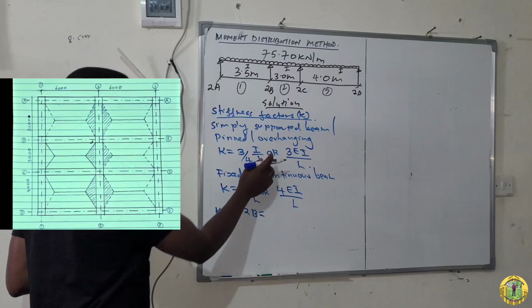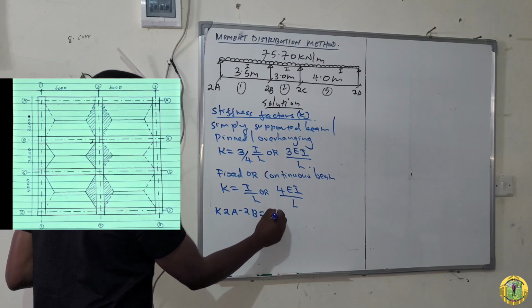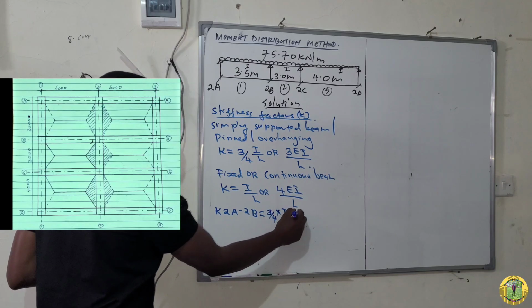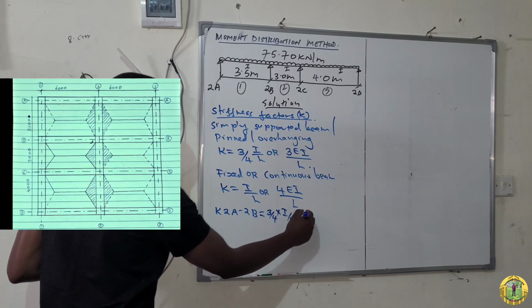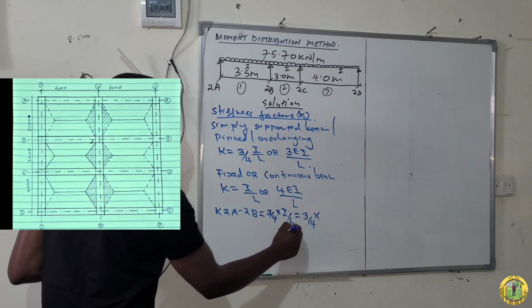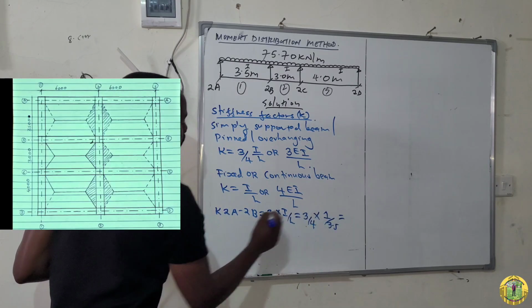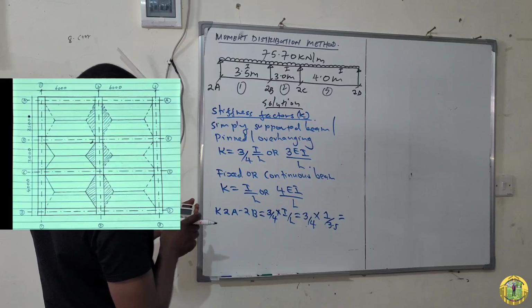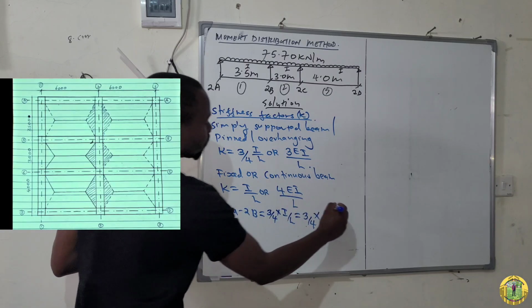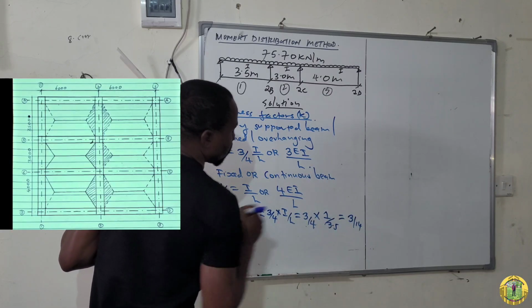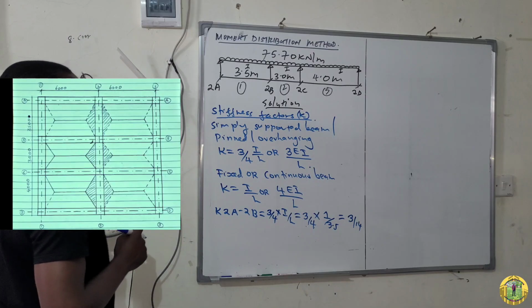Therefore, we use the formula 3 over 4 times I over L, which is 3 over 4 times 1 over 3.5. So this is 3 over 14. That is K 2A 2B.